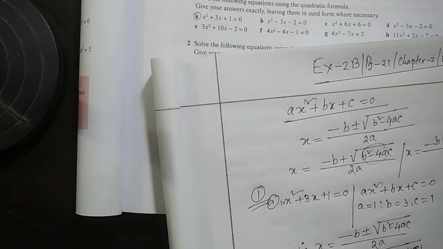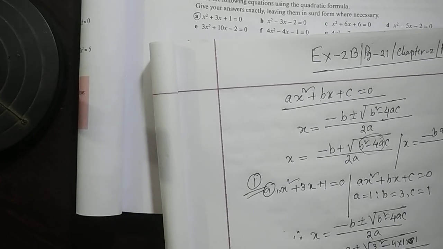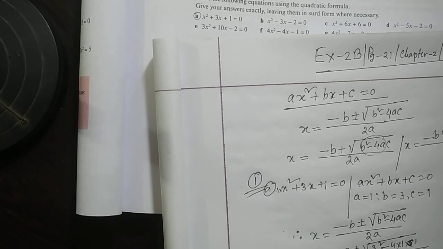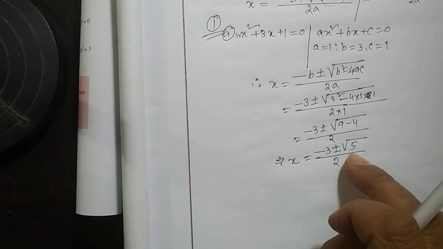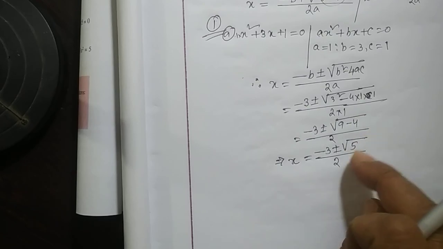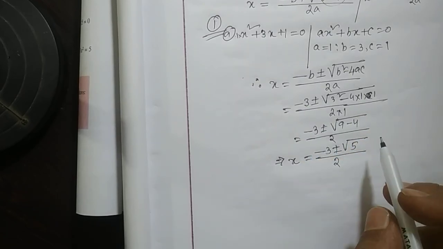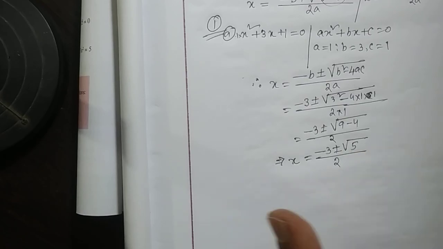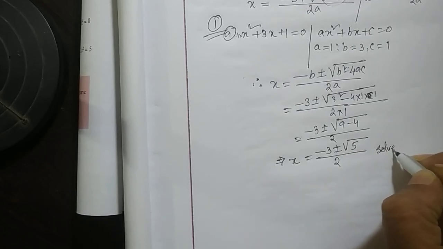One thing is very important: give your answer exactly. That means you have to keep it, leaving it in surd form when necessary. Surd form means you have to keep the square root in the numerator. So it is the standard form. So we can keep it there. So that is the solution. You can write solved.